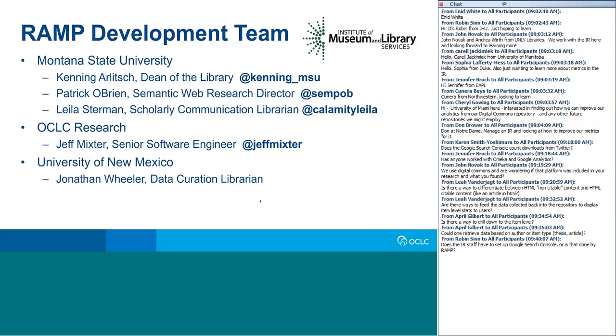But what we've been looking at, specifically what Patrick O'Brien has been looking at, is taking the handles that have download clicks associated with them and doing a data merge with the metadata for those items.